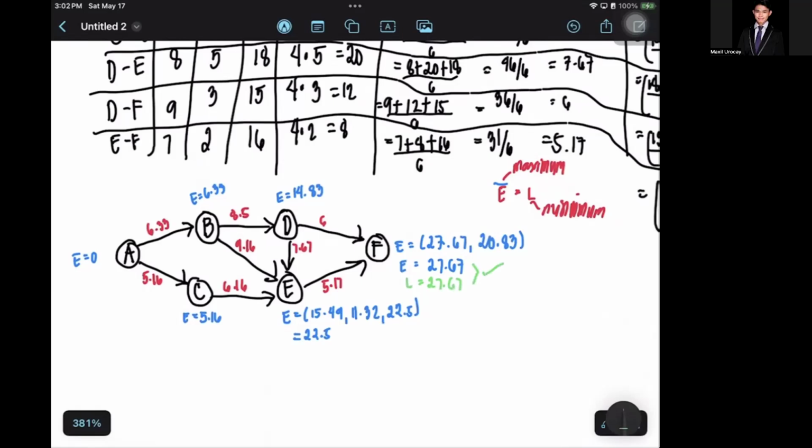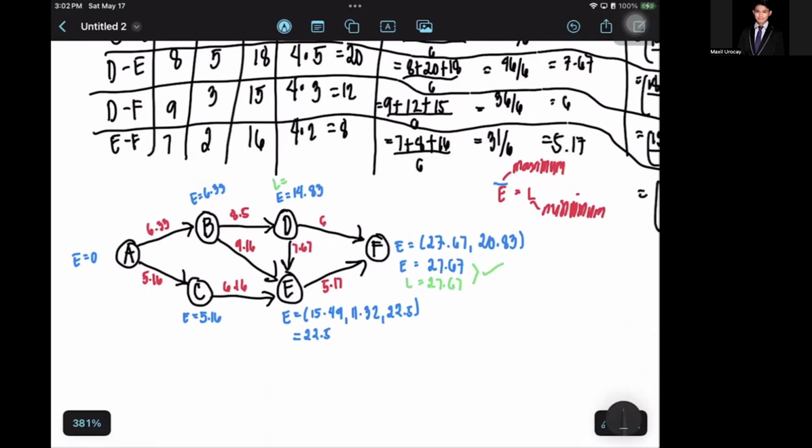Now you deduct this 27.67 from the predecessor of F. What is the predecessor of F? There is D. So 27.67, you deduct the 6 going to D. So your L right now is 21.67.